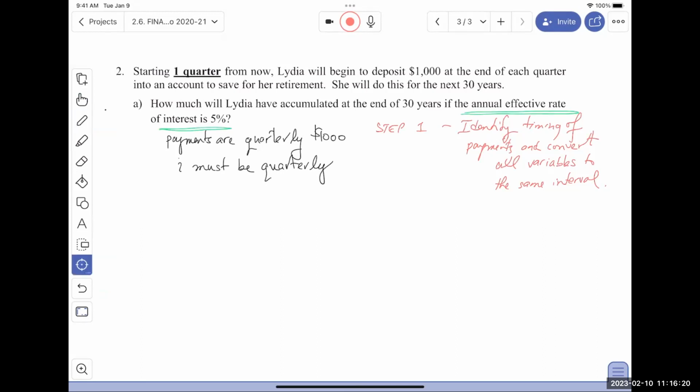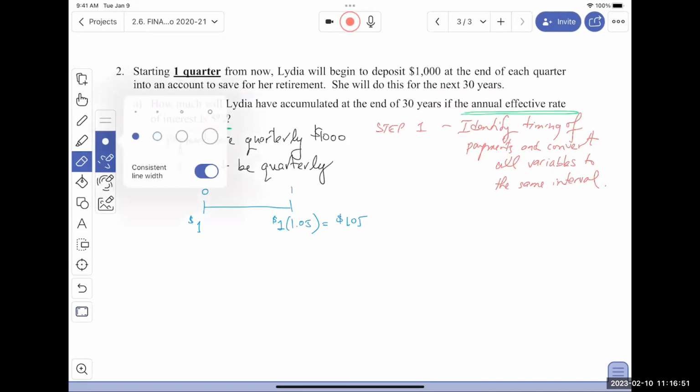So what does that mean? That means that it's 5% in the year. So it's 5% over the whole year. So every dollar becomes $1.05 after the year. I need to convert that into quarters.